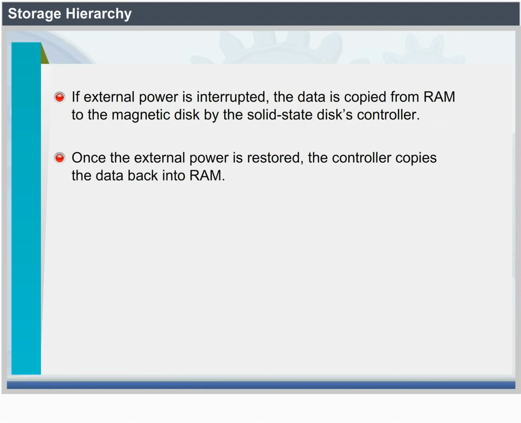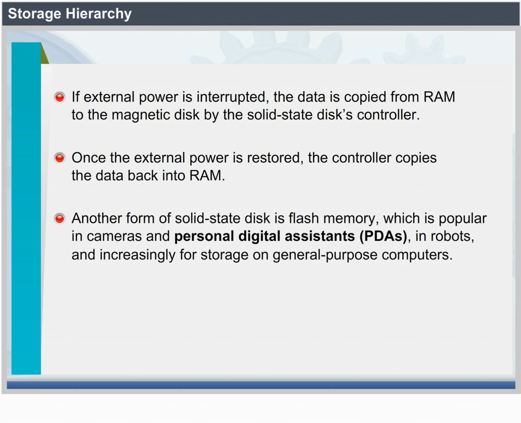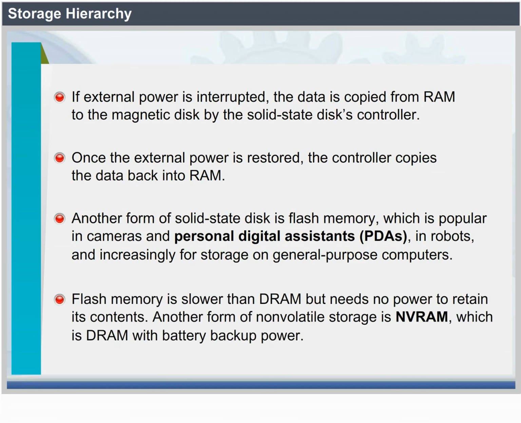Another form of solid-state disk is flash memory, which is popular in cameras and personal digital assistants (PDAs), in robots, and increasingly for storage on general-purpose computers. Flash memory is slower than DRAM but needs no power to retain its contents. Another form of non-volatile storage is NVRAM, which is DRAM with battery backup power.